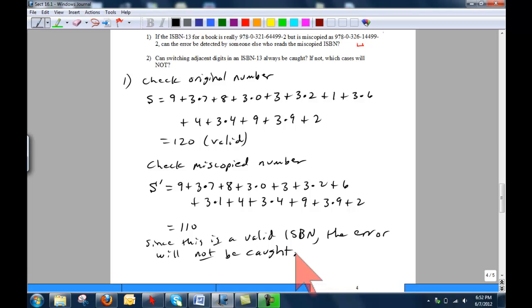We would certainly like our computer scheme to catch errors and be able to keep us from reading a code wrong and then pricing somebody's groceries wrong or ordering the wrong book. We're not going to be able to do that, it looks like, with this scheme. So the question becomes, when does this happen? Can we predict when an ISBN error is going to be caught and when it might not be caught?